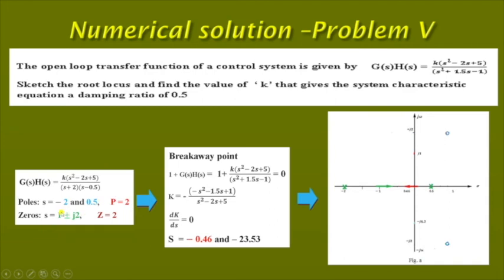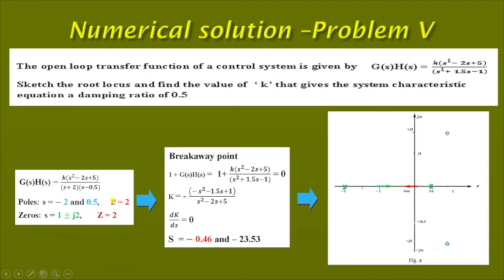Denominator equal to 0, then we get poles equal to minus 2 and 0.5. That means the number of poles is 2. Similarly, numerator equal to 0, so s squared minus 2s plus 5 equals 0, then s equals 1 plus or minus j2. So the number of zeros is 2.